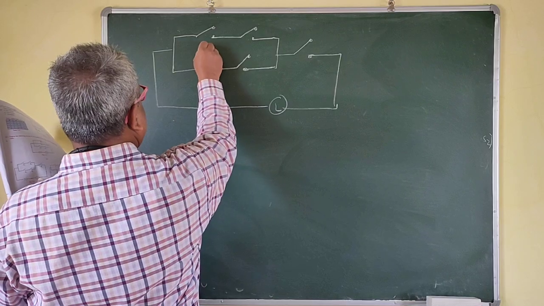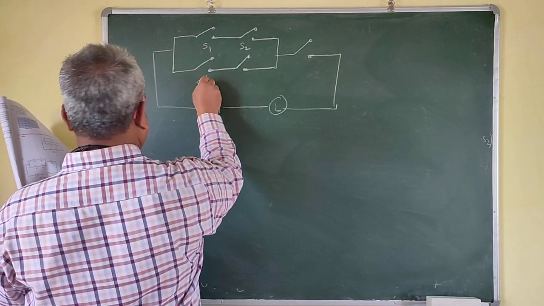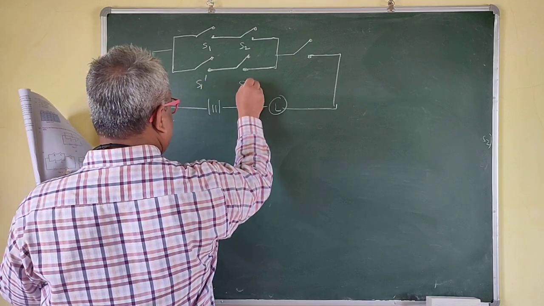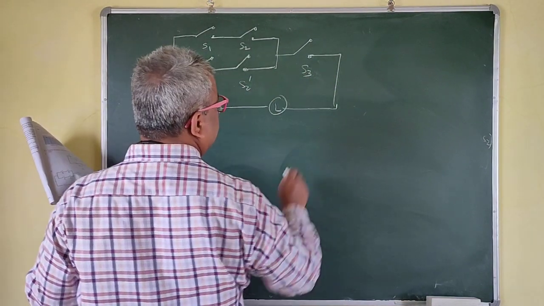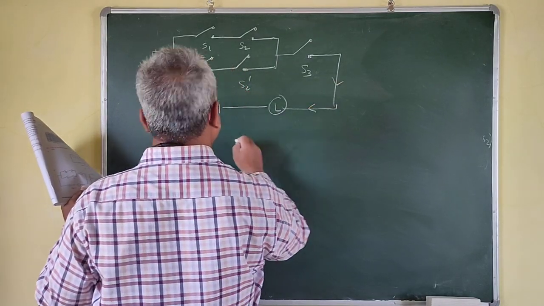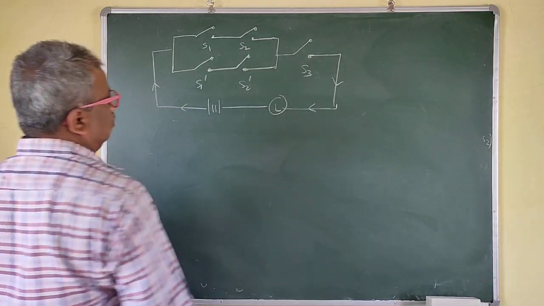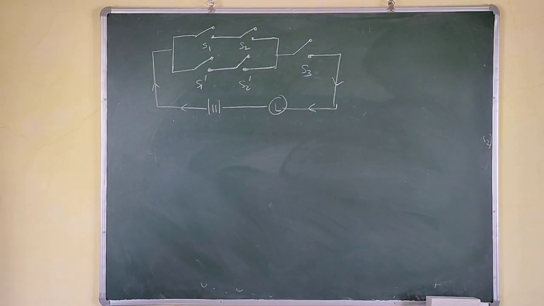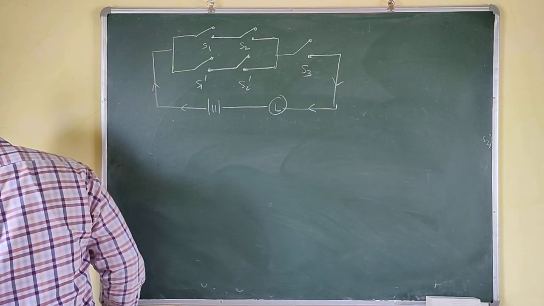So what we want? This is your S1, this is your S2, this is S1 prime, this is S2 prime. This is your S3. Okay, so we write in symbolic form.